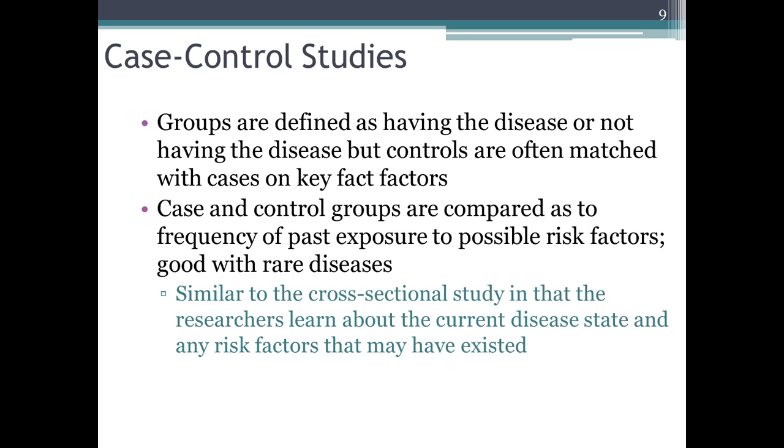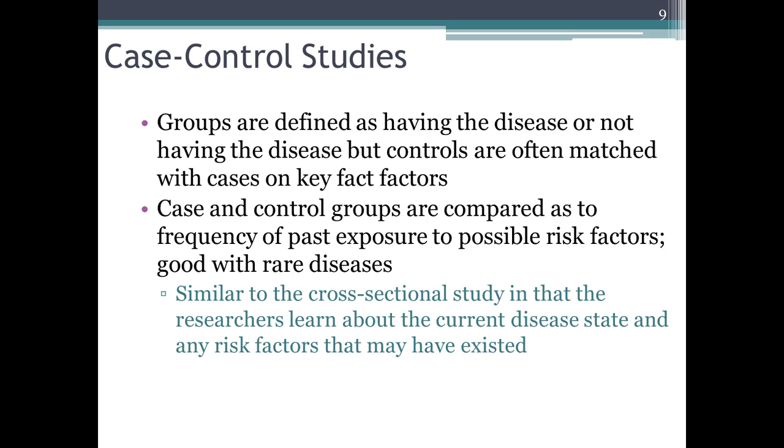So in case and control groups, they are compared to the frequency of past exposure to possible risk factors. Case control is a very good design of epidemiological studies for rare diseases.